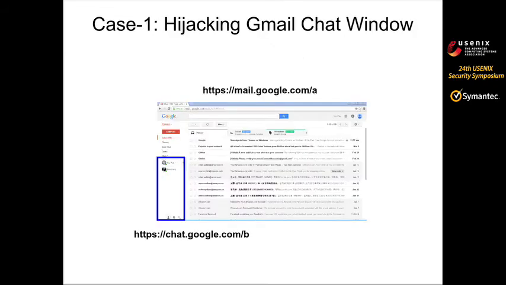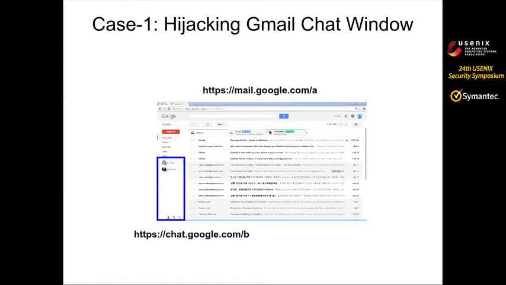Case 1 is about the Gmail interface. In this interface there are two components: the chat window and the main mailbox. Those two components are loaded from different URLs, and the cookies serve as authentication tokens, as session cookies.